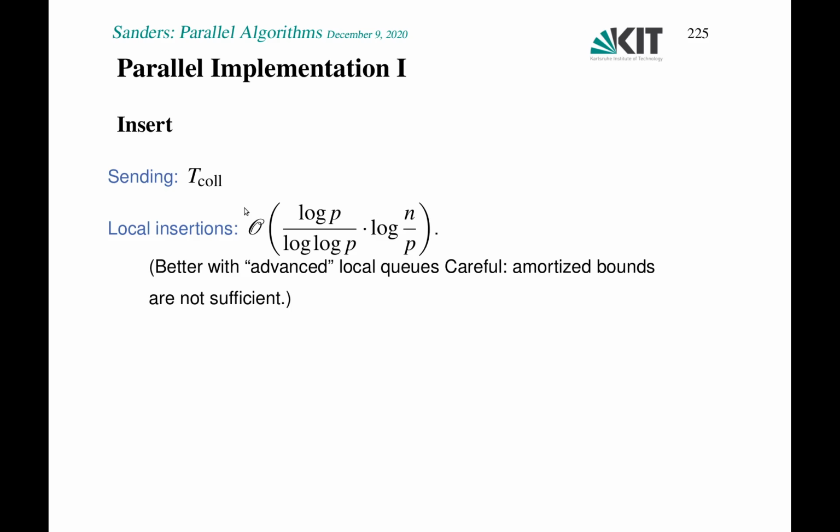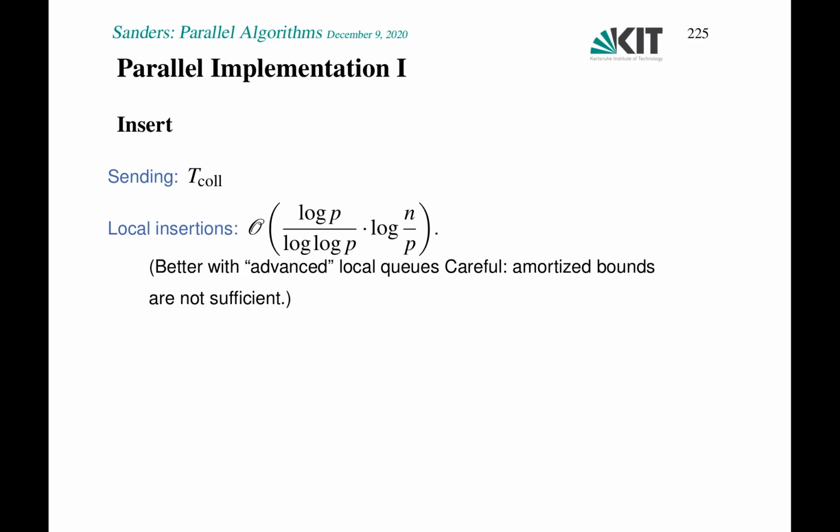Maybe that's also a nice opportunity to look at advanced data structures. There are priority queues that support much faster insertion, and then we would basically get rid of this log n over p term. But we have to be a little bit careful, because some of these advanced priority queues are efficient only in an amortized sense, and that's dangerous in a parallel setting, because we have a global synchronization here. It suffices if one of the processors is slow, so that all other processors have to wait.